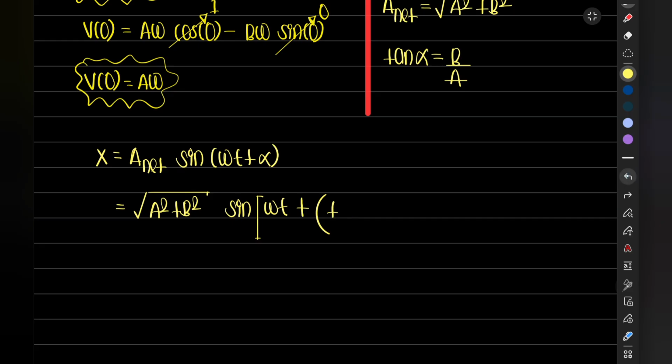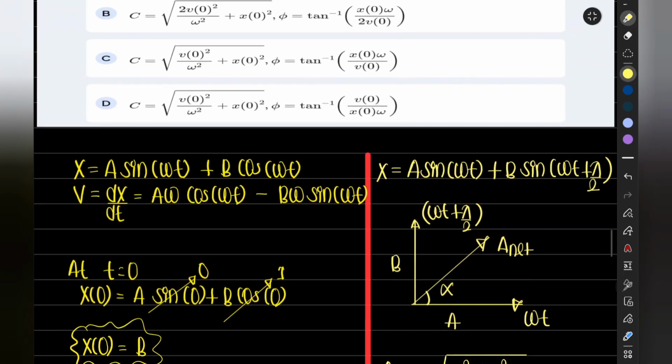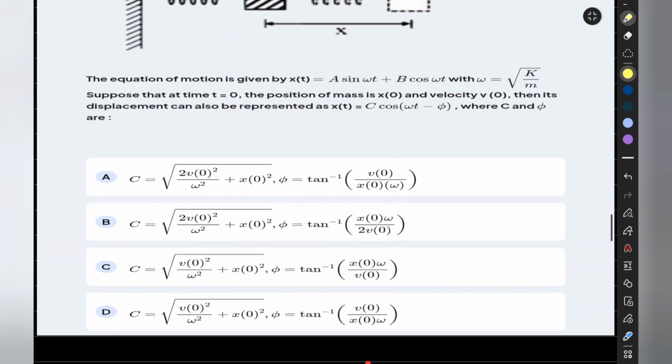Let's do one more thing. We will put this value after one more step, because there is another thing I want to explain. In the question, they have also given us the equation of the resultant. Let me show you. This is the equation we have: x of t equals c cos omega t minus phi.